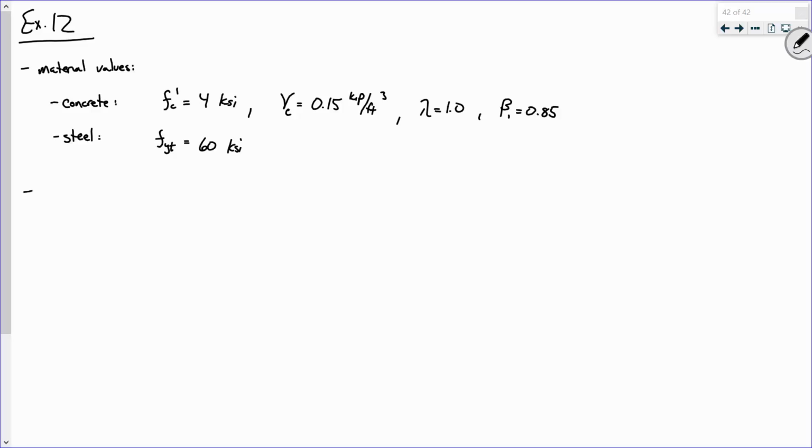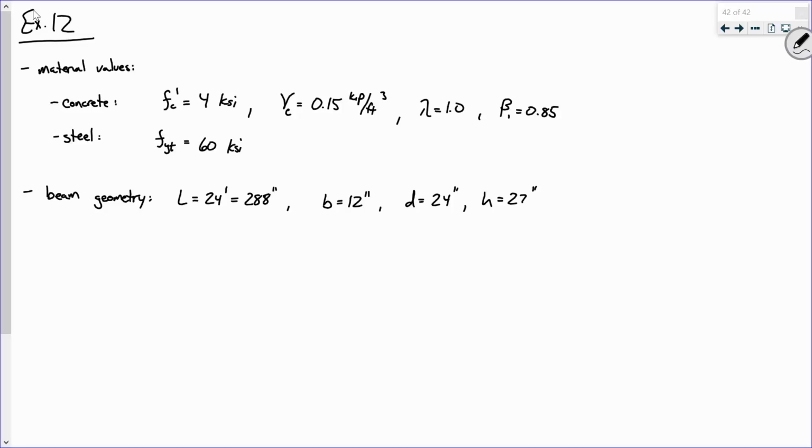Now the beam geometry. We've got a beam that's how long? All right, 24 feet. I'm going to convert that and say it's 288 inches. We have a b value of 12 inches. What was d? And what's h? Now, what are the size of the stirrups?